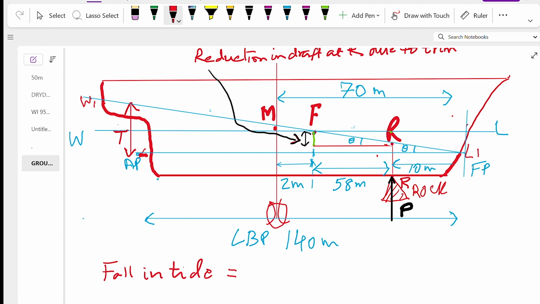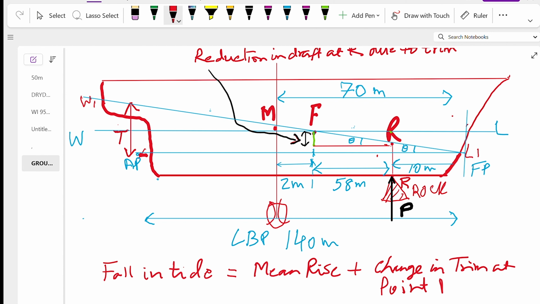That change in the draft will comprise mean rise plus change in trim at point R. Same principle we are applying as if P tons of weight has been discharged from this location R where the ship is grounded.